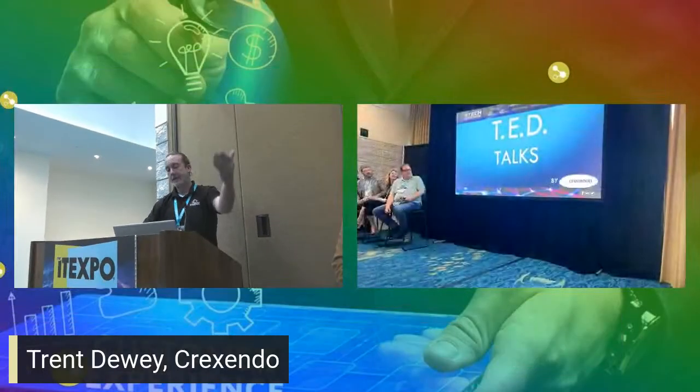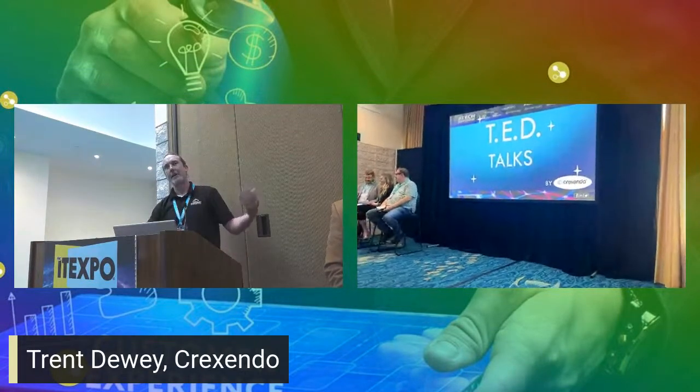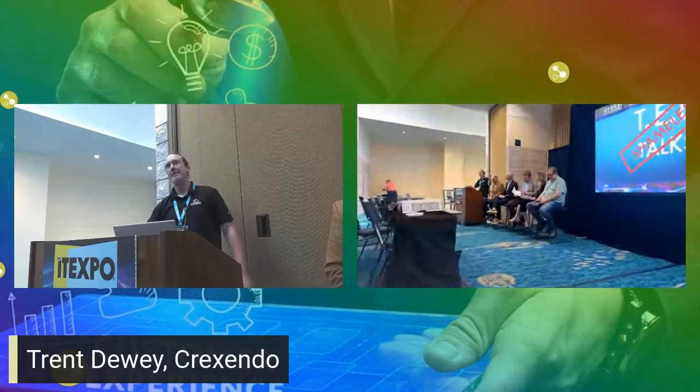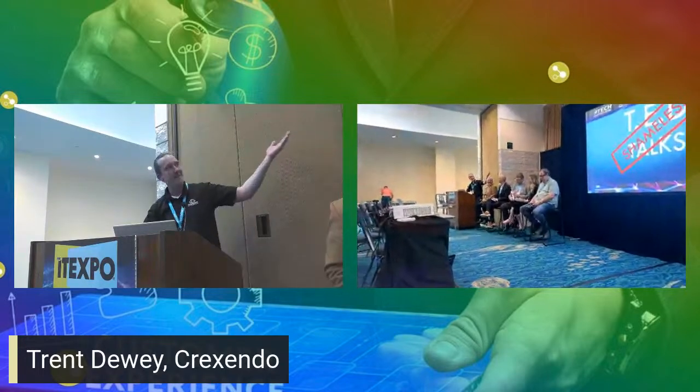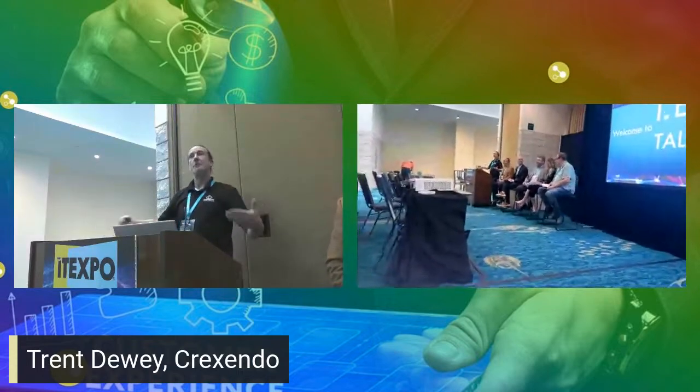Now, you can probably see where they're heading with that. And they did. So, TED Talks by Crexendo. That's marketing, and it's shameless. Look at that. This is super shameless. So welcome to TED Talks by Crexendo.